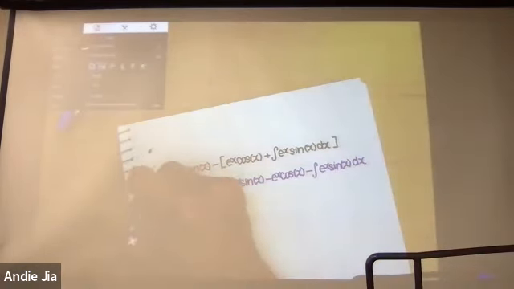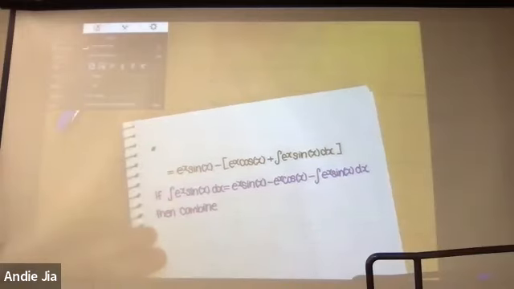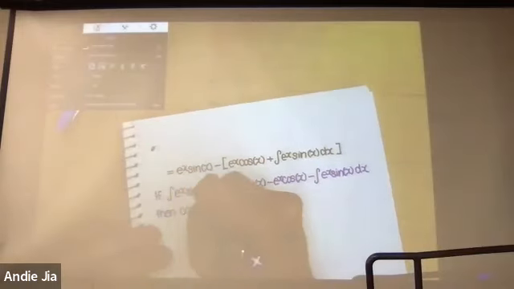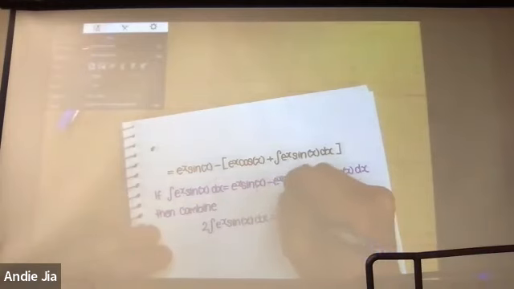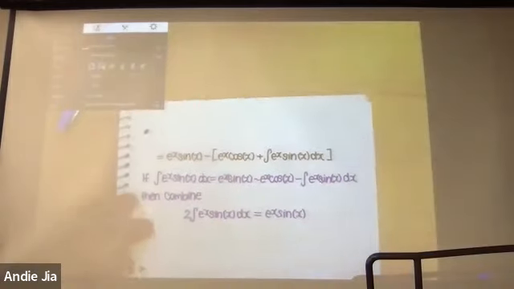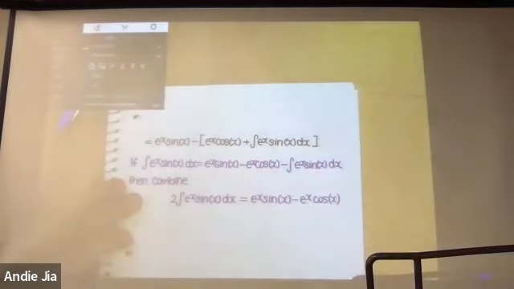Then combine, it's going to be 2 times the integral of e^x sine of x dx, which is e^x sine of x minus e^x cosine of x.